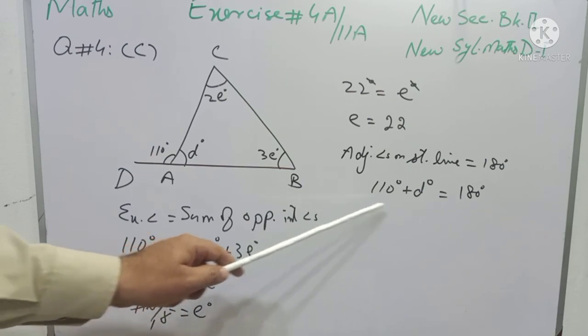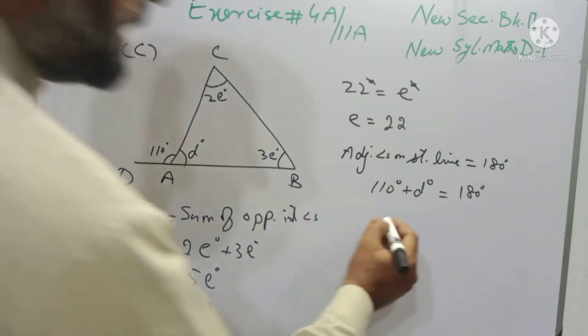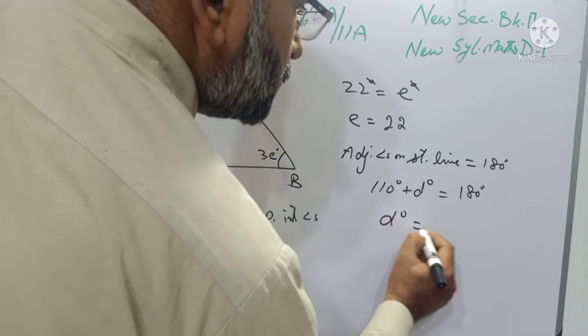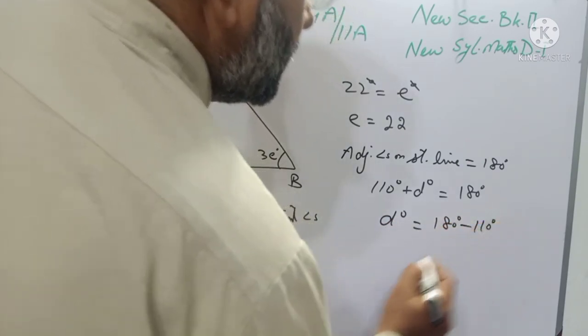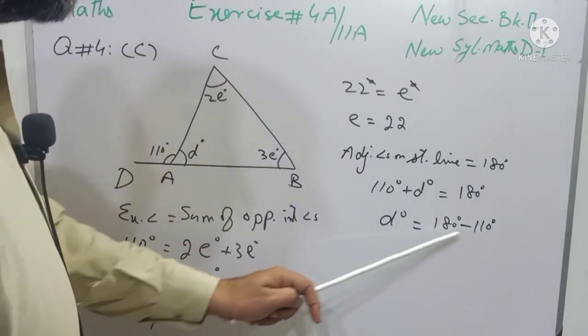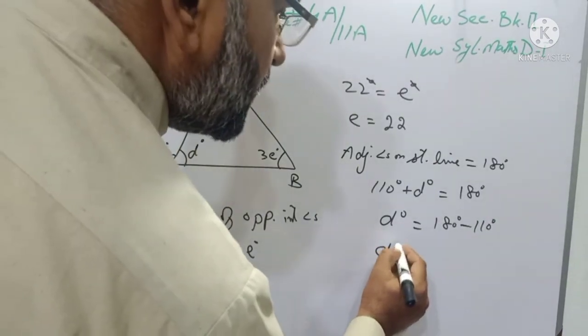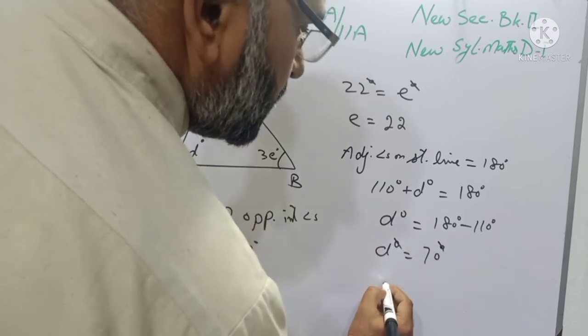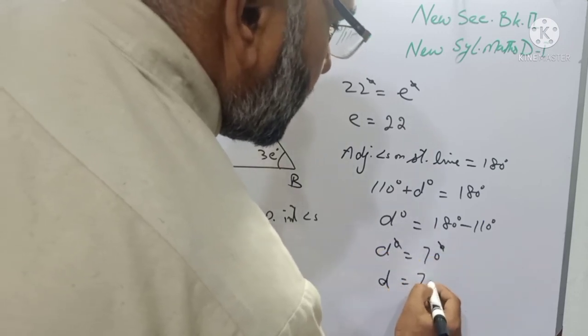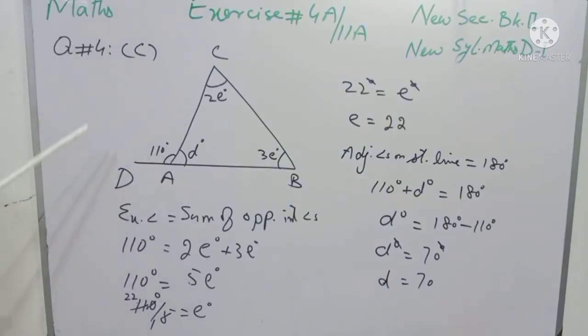When we transfer it to the other side, it will become minus, and D degree is equal to 180 degree minus 110 degree. When we subtract 110 from 180 we will have 70 degree, and students, degree will be cancelled with degree and the value of D is 70. And it is the C part of exercise 4A.